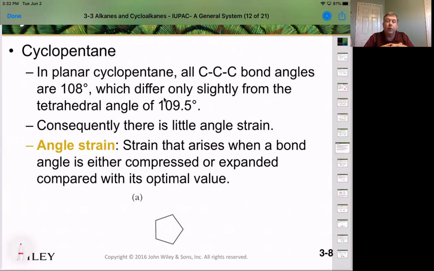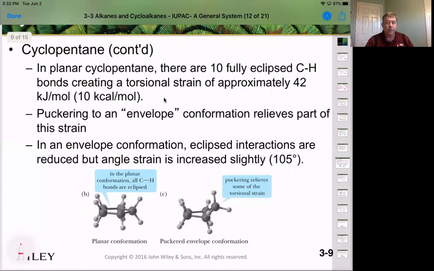Just like we had the torsional strain for the straight chains, when we have rings, we can have ring strain or angular strain. This means we have to add a little bit of energy to the system. If we had it completely flat, that would give us a ring with about 105 degrees on the inside to make them all even.